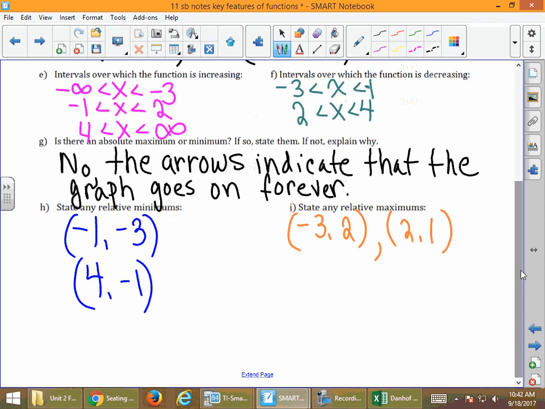They aren't the highest point on the graph because we have an arrow that continues going in the upward direction forever and ever. Our relative minimums aren't the lowest points because we have an arrow going in the downward direction that continues on forever. But we do have some relative maximums. High points on the graph, not just the highest point.